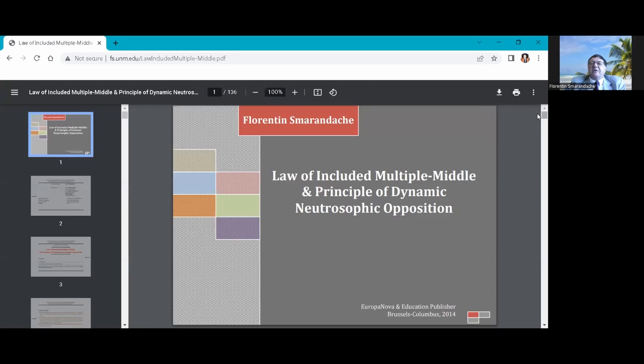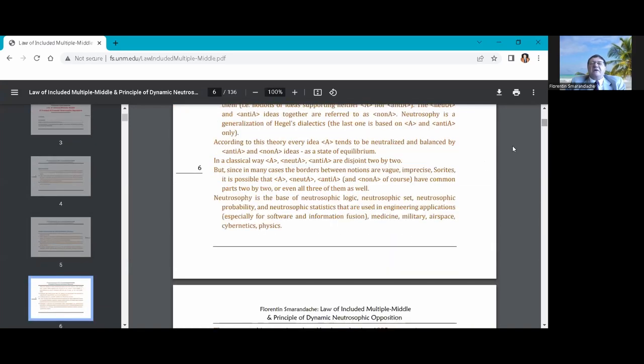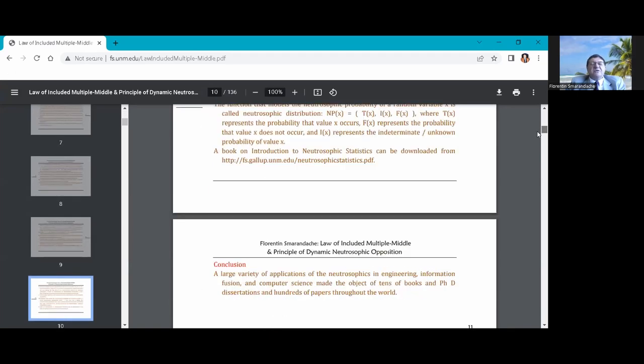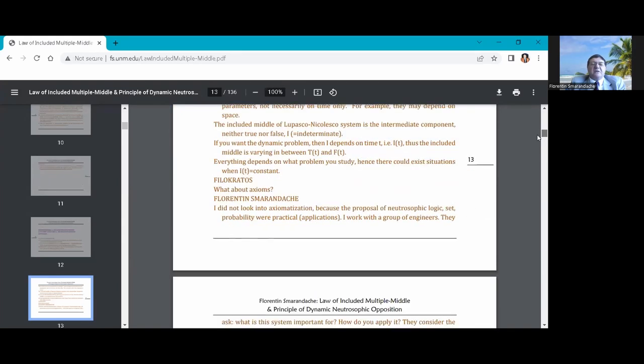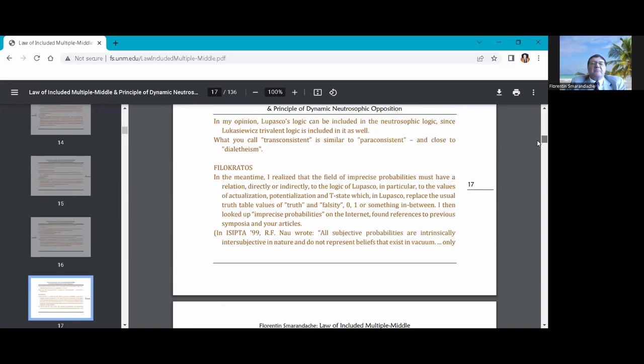Because in between the opposites, for example, between truth and false, we may have multiple types of indeterminacies, like vagueness, conflict, contradictions, and so on. So this is a book, mostly a philosophy book, about the law of included multiple middle and the dynamicity of those middles.